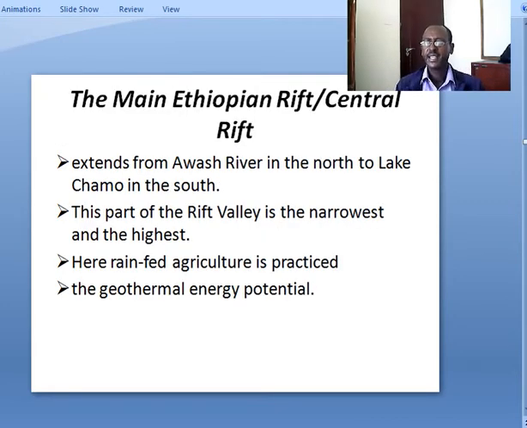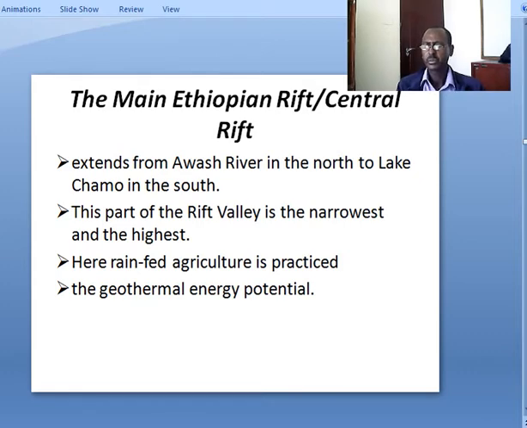The second part within the Rift Valley is the main Ethiopian rift, or Central Rift, which extends from the Awash River in the north to Lake Chamo in the south. This part of the Rift Valley is the narrowest and the highest. Here, rain-fed agriculture is practiced.